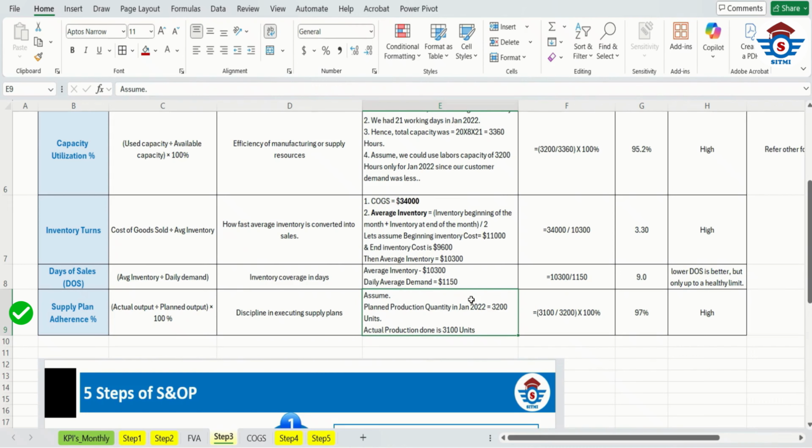Let's assume that the planned production quantity for January 2022 is 3,200 units, but the actual production was only 3,100 units. When we put these numbers in our formula, it tells us that the supply plan adherence is 97%. That means we could adhere to 97% of our supply plan. In a business context, having a high number is always better, representing better planning.